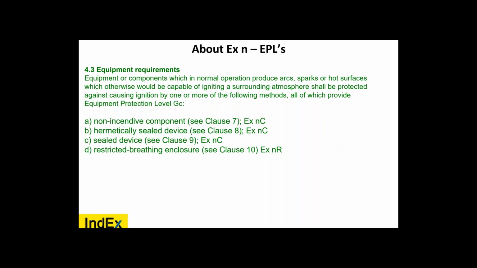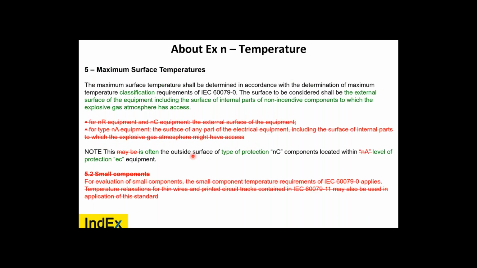Okay. Important considerations with Zone 2 equipment. Maximum surface temperature. This shall be determined with 60079-0. So the general requirements, when you refer to a standard, let's say -15 for EXN, you are not just following the standards of EX15.